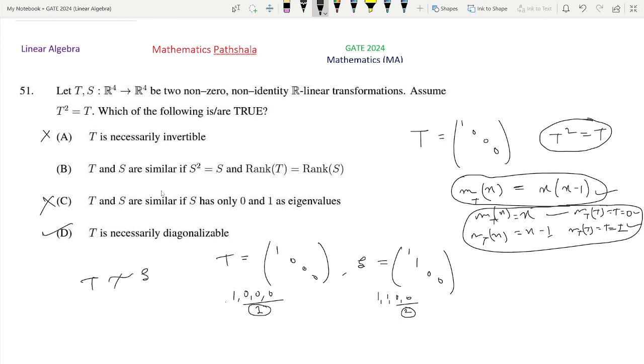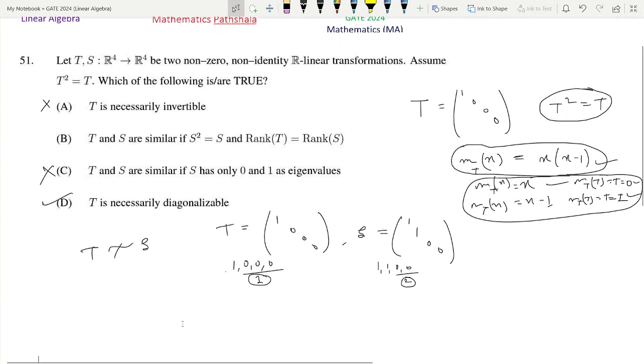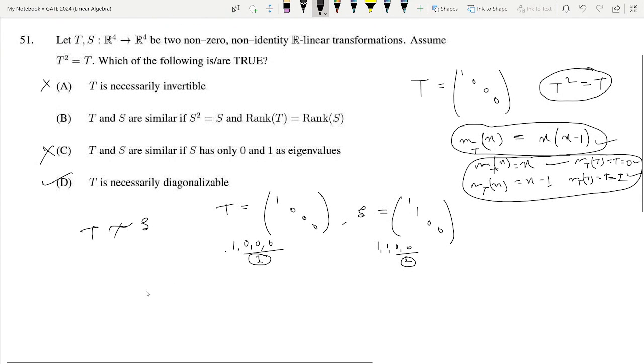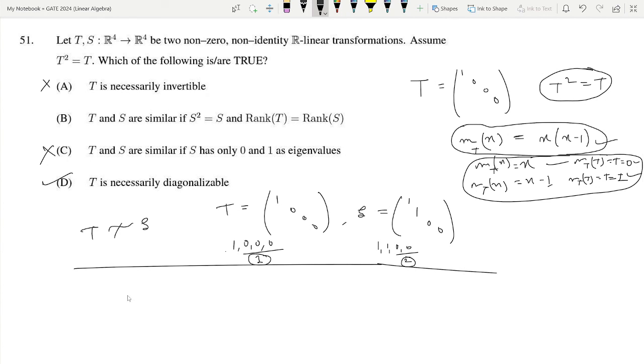Now look at option B. T and S are similar if S square equal to S and rank T equal to rank S. So this option will be true, and we now prove this result. Here S square equal to S implies that S is idempotent, and 0 and 1 are the only eigenvalues of S. And we have just proved that an idempotent operator is diagonalizable.